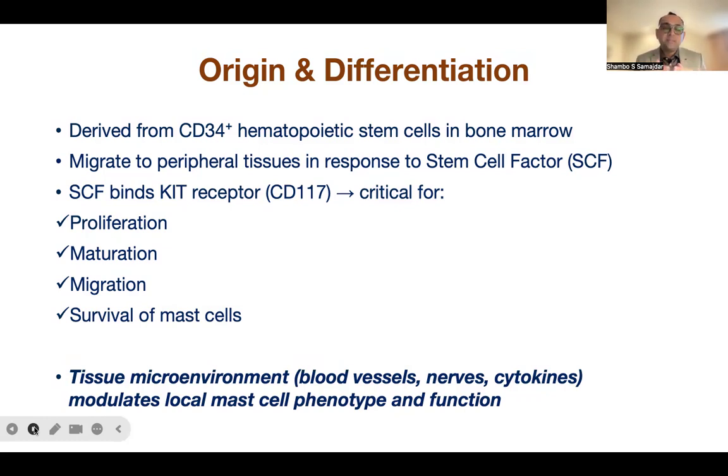And when they bind, this binding is critical for the proliferation, maturation, migration, and survival of the mast cell. So, tissue microenvironment, the blood vessels, nerves, cytokines, all modulate local mast cell phenotype and function.